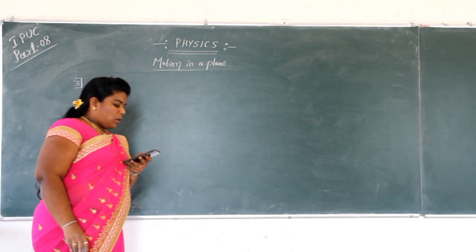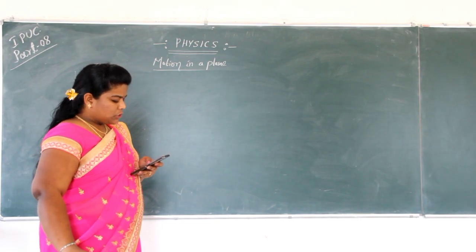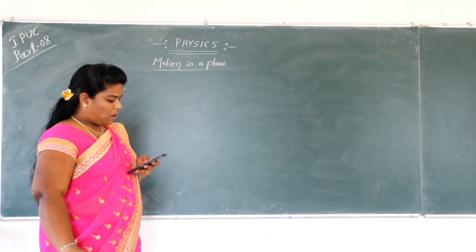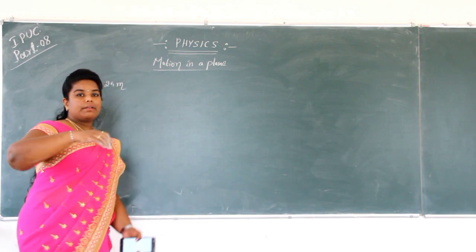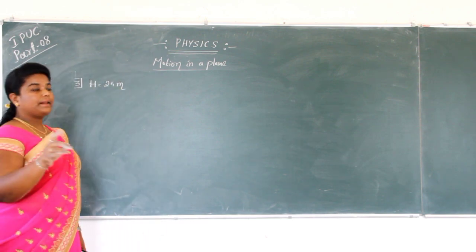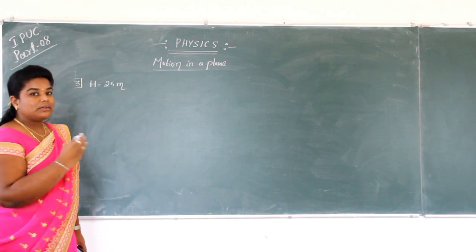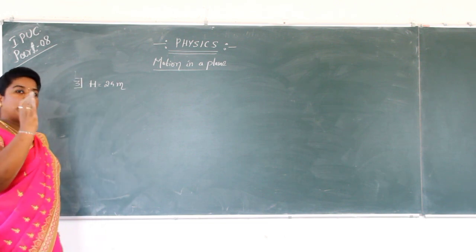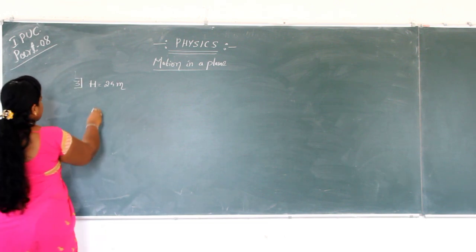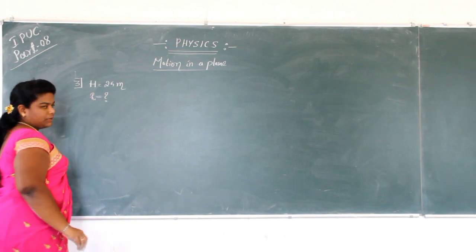Next, what is the maximum horizontal distance? What we should calculate is the maximum horizontal distance, that is the range, R is equal to question mark.